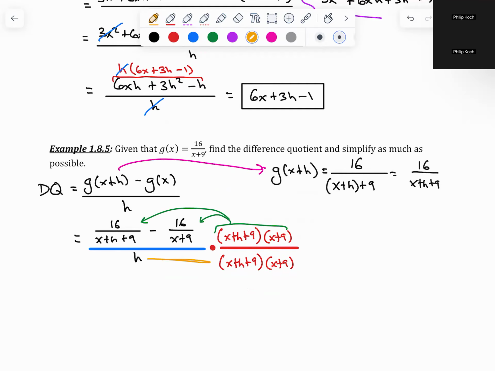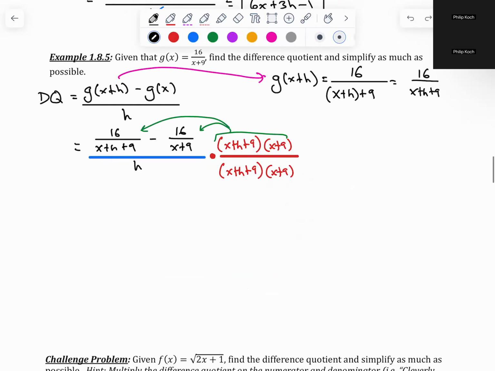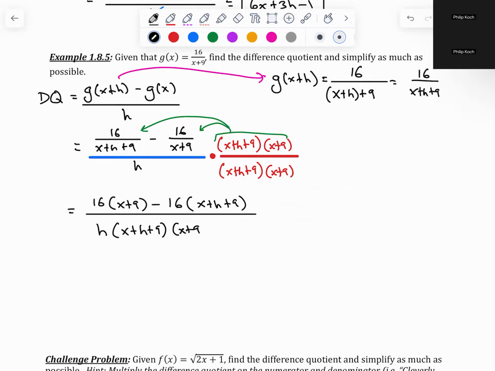There's only one term. It just multiplies all together. So this becomes 16 times x plus 9 minus 16 times x plus h plus 9, all divided by h times x plus 9, x plus h plus 9 times x plus 9.